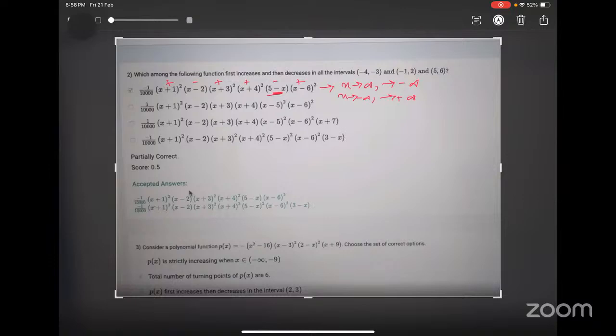No, it will be plus 1. Here you see it is 5 minus x, right? So this minus will be cancelled out. Which minus, ma'am? This 5 minus x will be cancelled by this minus. So the leading term will be x to the power 10.